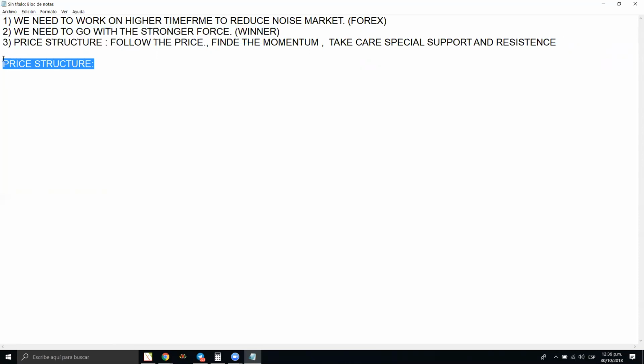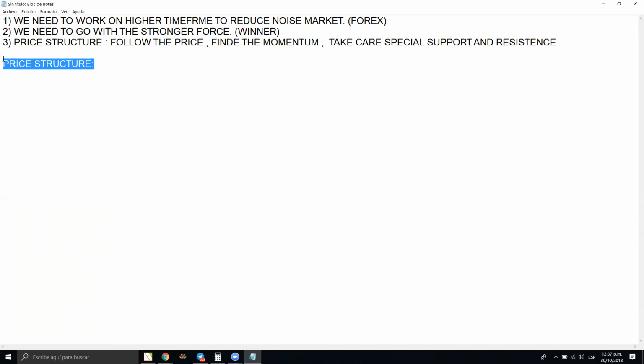From bearish it is the same, just change the example in a different way, but it's just the same. If we understand this concept, you are going to have a lot of probability to win in Forex.